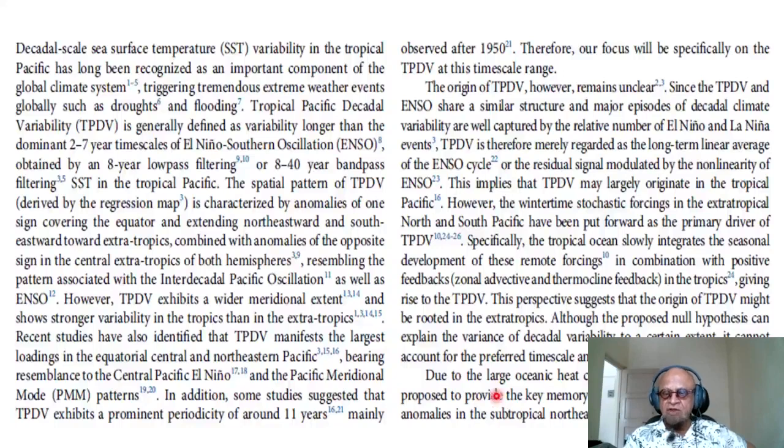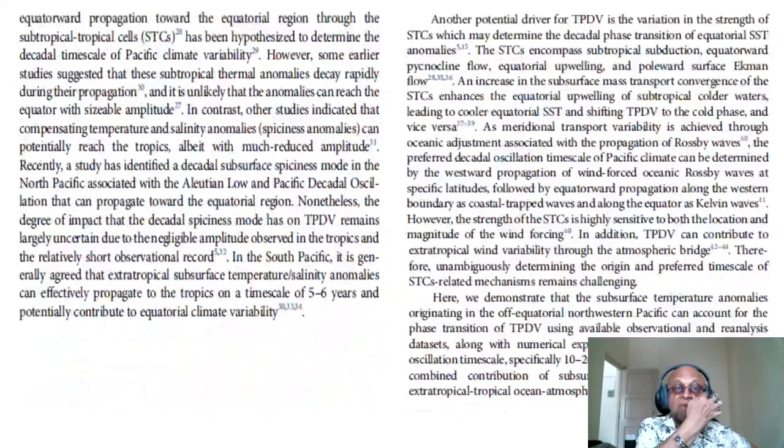That's critical. Due to the large oceanic heat capacity, ocean dynamics have been proposed to provide the key memory for TPDV. The subduction of SST anomalies in the subtropical northeastern Pacific and their subsequent equatorward propagation toward the equatorial region through the subtropical tropical cell, or STC, has been hypothesized to determine the decadal timescale of Pacific climate variability.